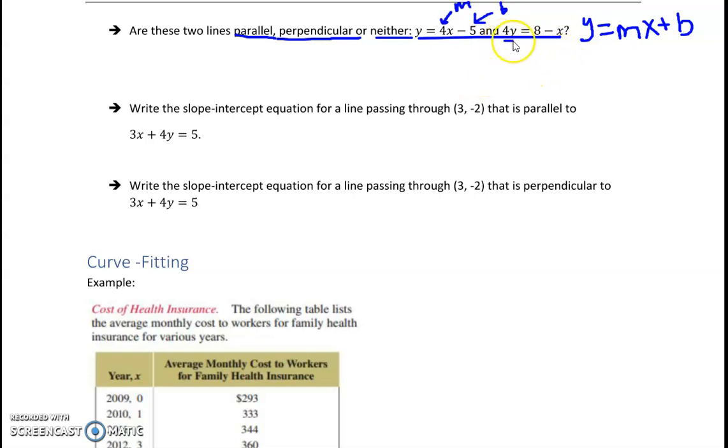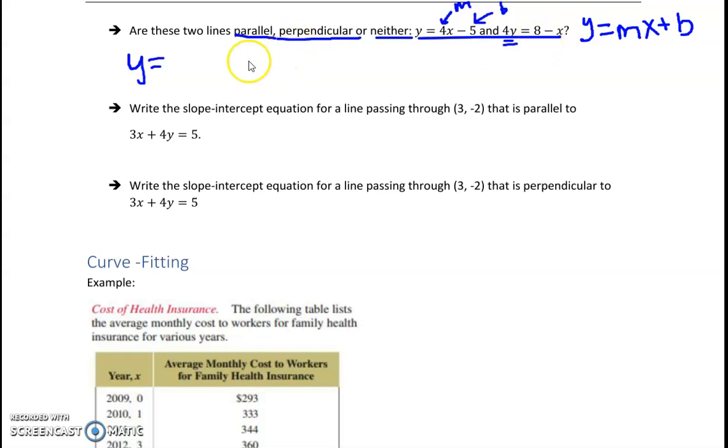But the second equation is not solved for y. It has 4y. On the other side, we also have the constant coming before the x term. To get that into the proper form so we don't get confused, we want to have our x term and then our constant term at the end. So let's put this into slope-intercept form. I'm going to divide by 4, leaving y on the left side. That means I have to divide every term on the right side by 4.